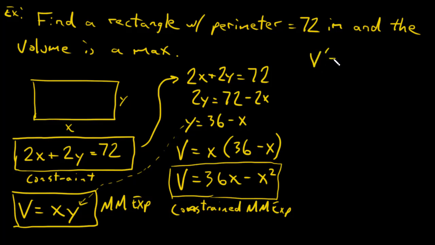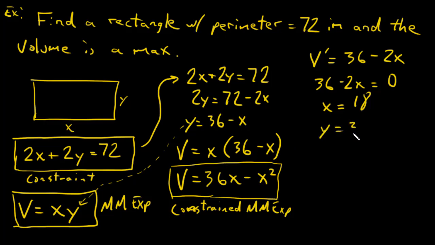V prime is going to equal 36 minus 2x, set that equal to 0. 36 minus 2x equals 0. X equals 18. Okay? So if x is equal to 18, what's y? Well, y is equal to 36 minus x, minus 18.